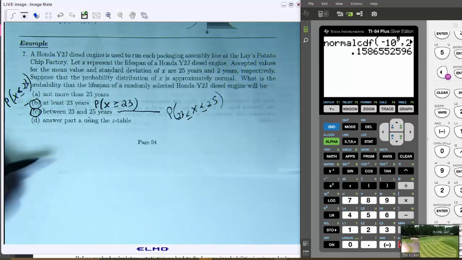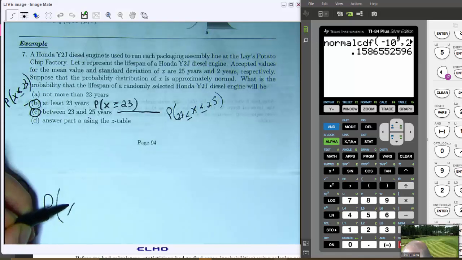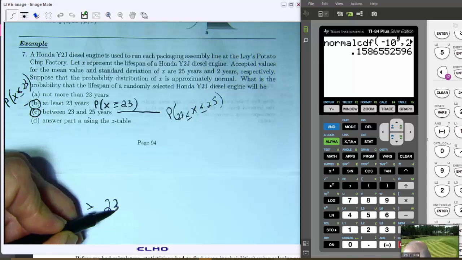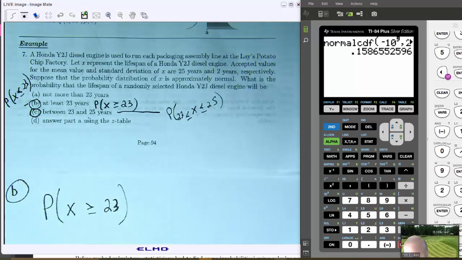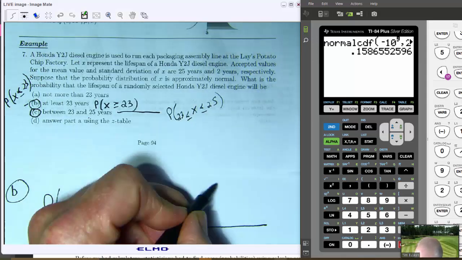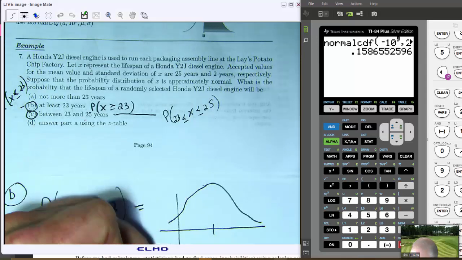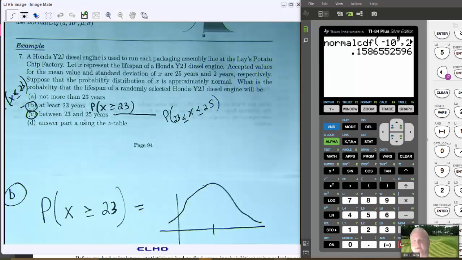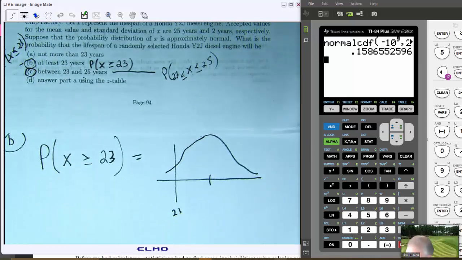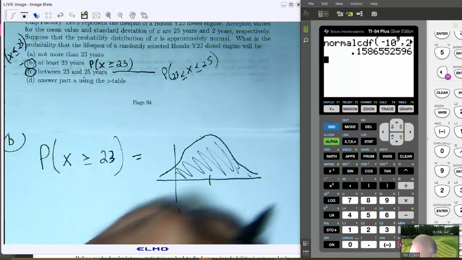Okay. So moving on to B here. So if we want to get this probability, then of course that's just going to be equal to the area to the right of 23, and there's a couple of different ways we could get that area.